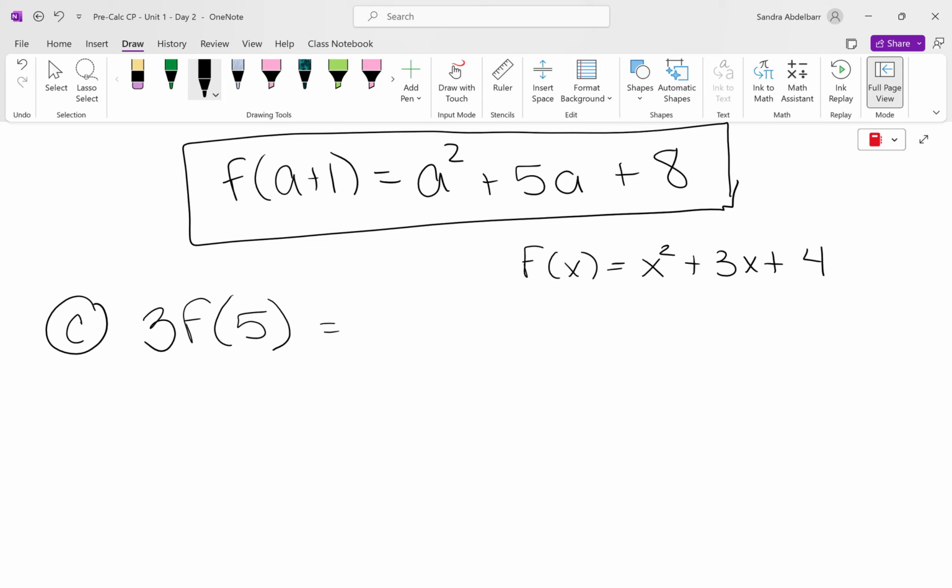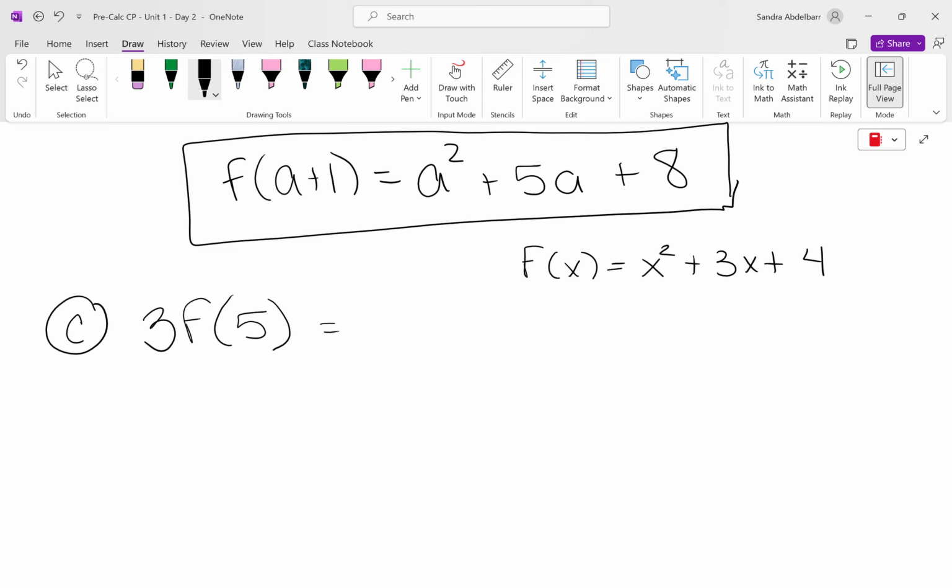When you have a number and then a variable, like if I have a 3x, what does that represent? Multiplication. Really, that's 3 times x. So when I have 3f of 5, this is 3 times f of 5. That's what this is saying to do.